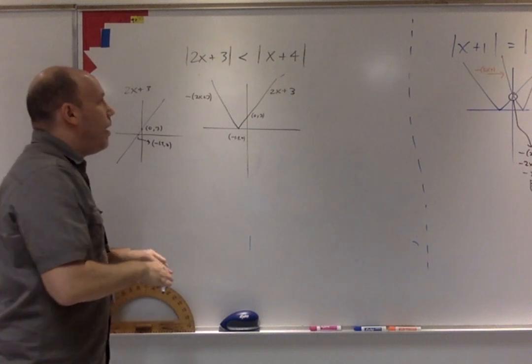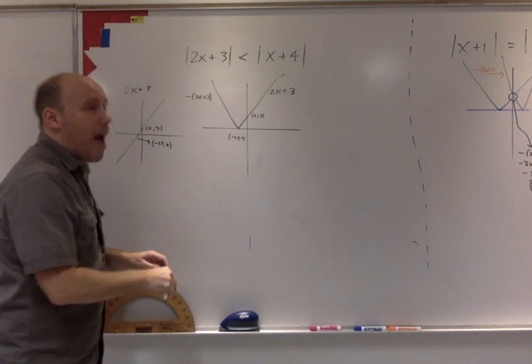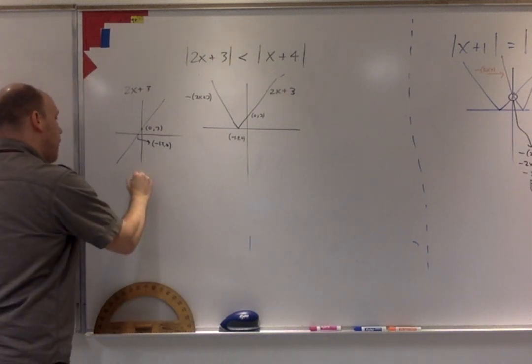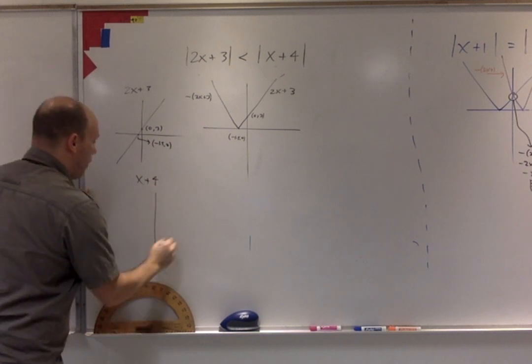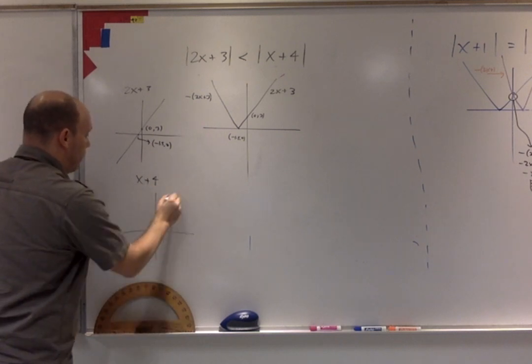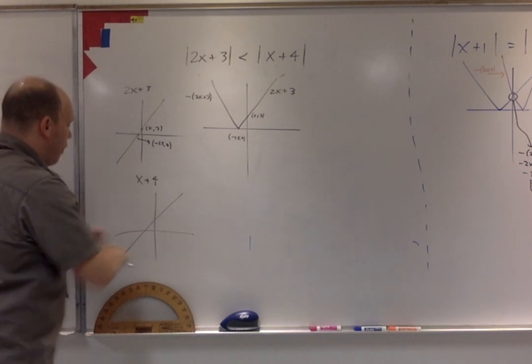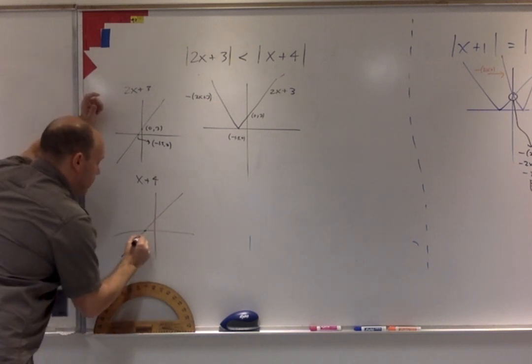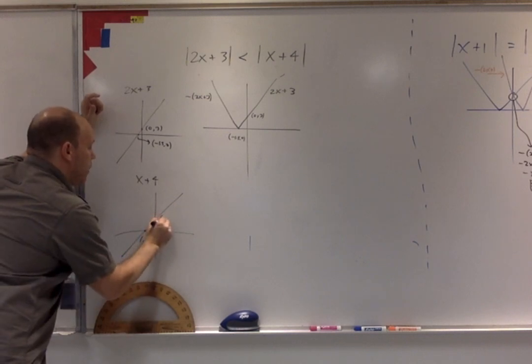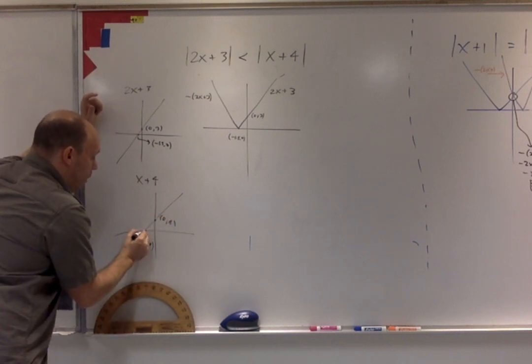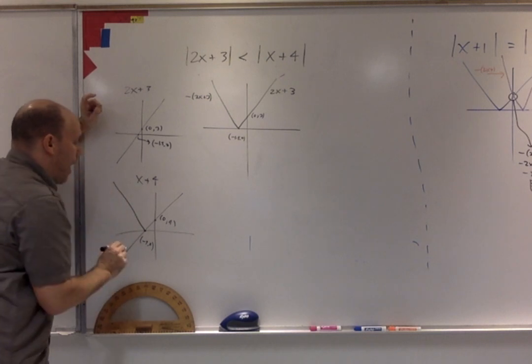Good. Now let's graph x plus 4. I know that x plus 4 on my graph, once again, looks something like this. So I know that the point here is negative 4, 0. I know this point here is 0, 4, but I know that this part here gets reflected with the x-axis.